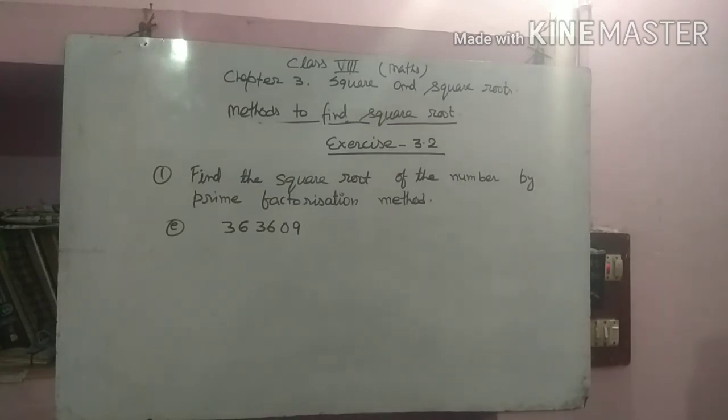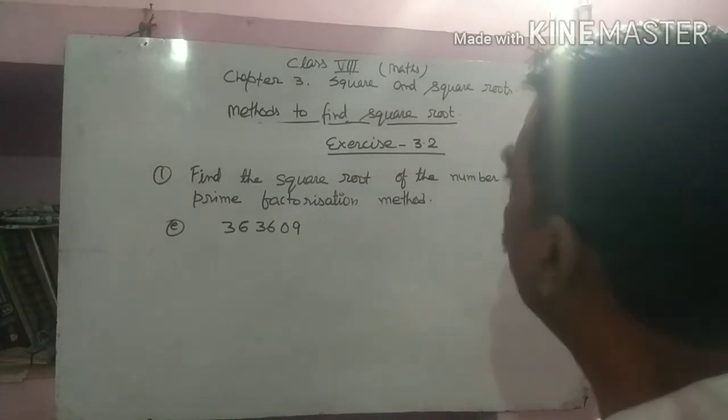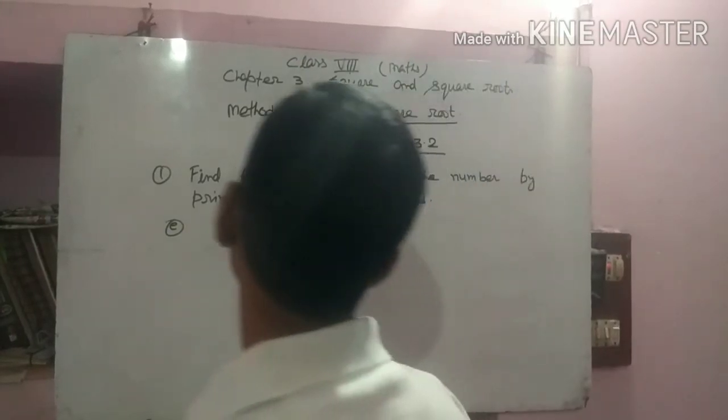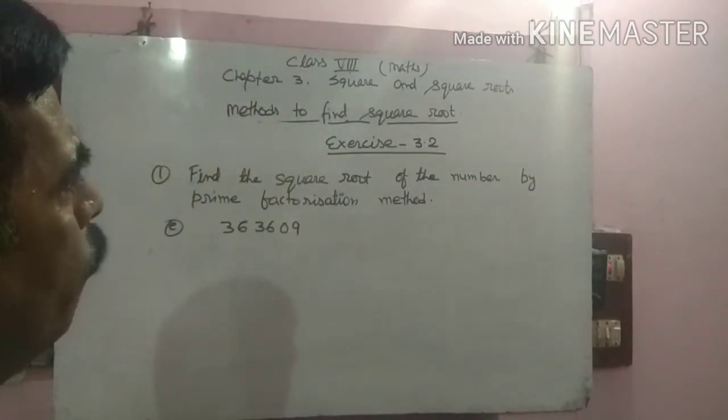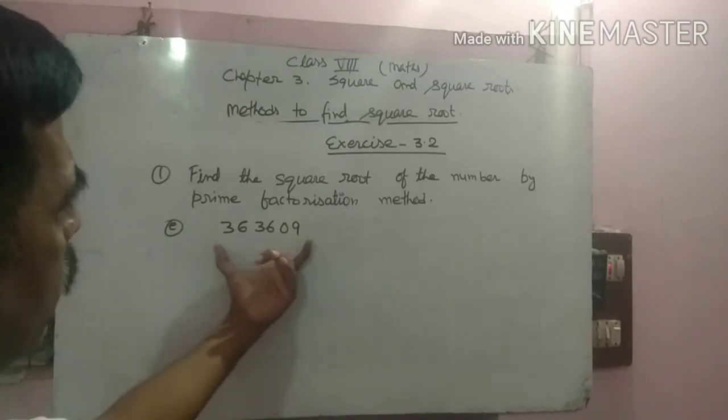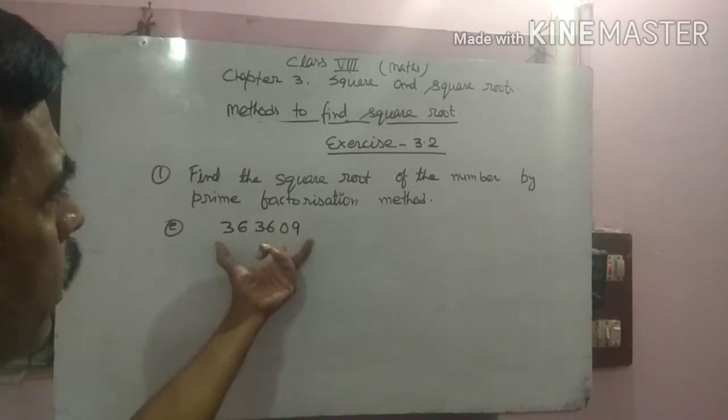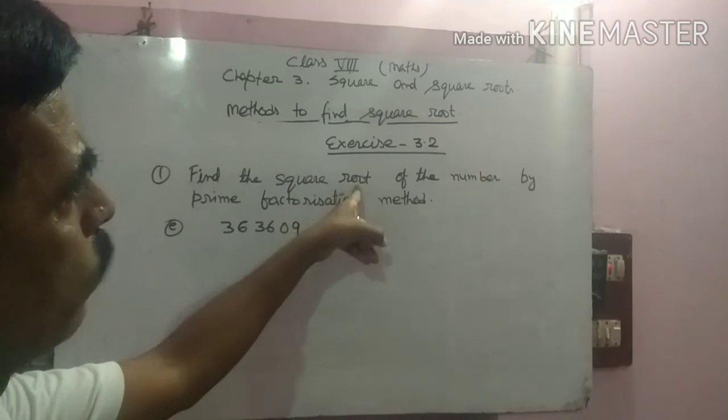So now we are going to discuss question number 1 E of exercise 3.2, which is: find the square root of the number by the prime factorization method. The number given is a perfect square, therefore they have written find the square root of that number.